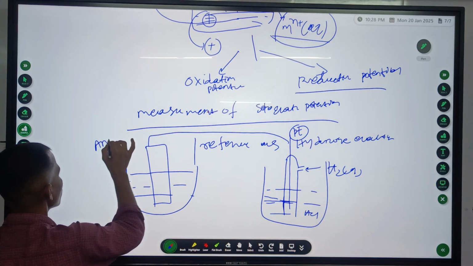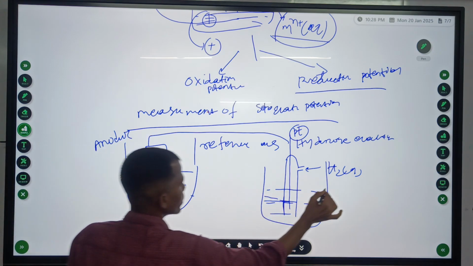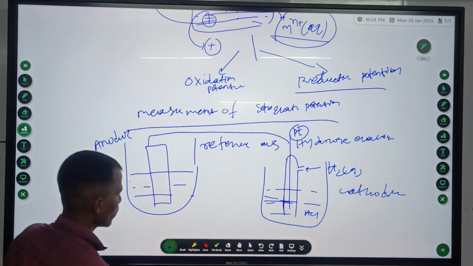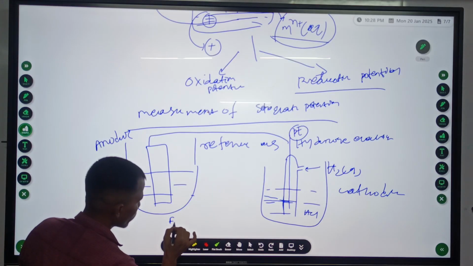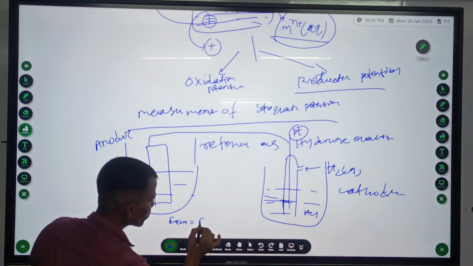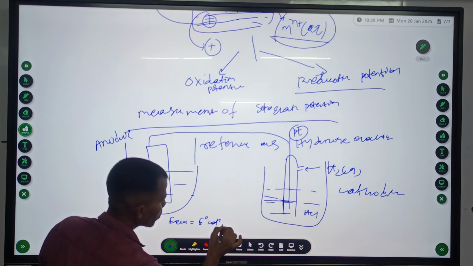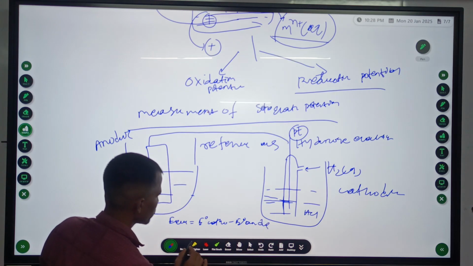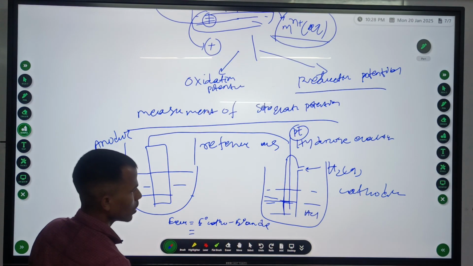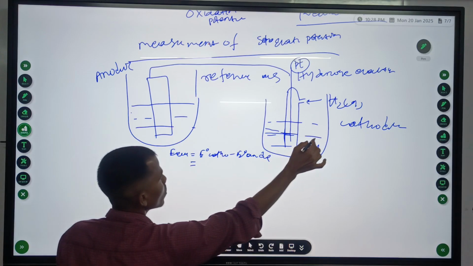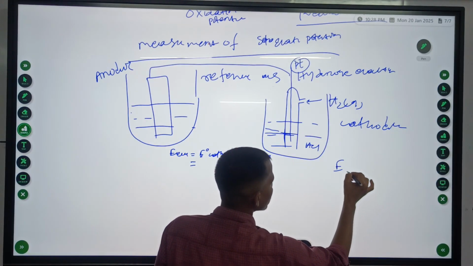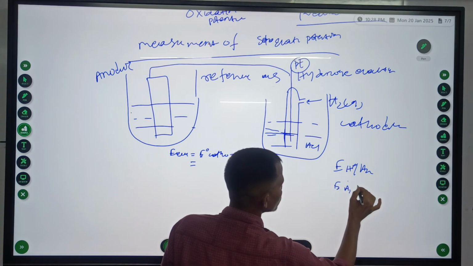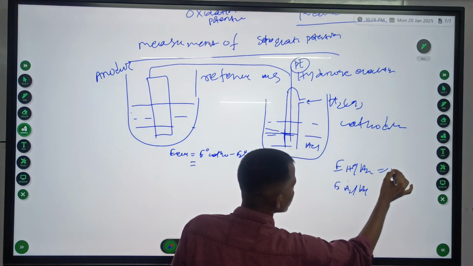Let's say this is the anodic compartment and this is the cathodic compartment, and we say that E cell is equal to E naught of cathode minus E naught of anode. This implies, as we know, that E naught of H plus to H2 is equal to 0.